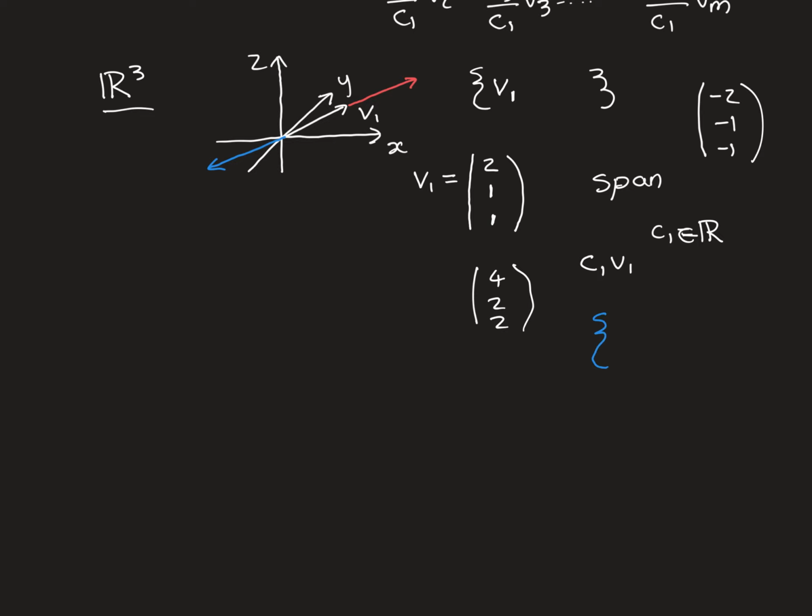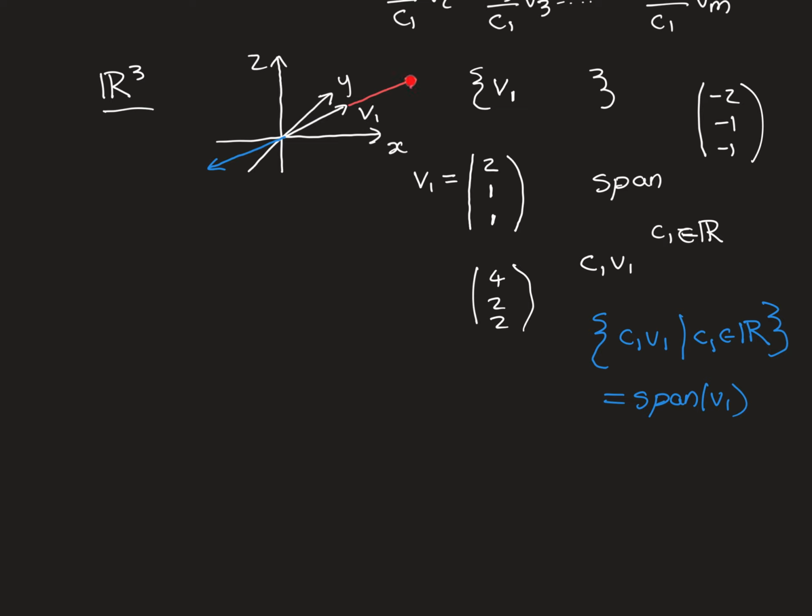So if we considered the set of all things of this form, C1 V1, where C1 is allowed to be any real number, that would be the set of the span of V1. So this is the span of the vector V1 as a set, all the vectors that you can reach from taking linear combinations of V1. And geometrically, what does that look like? Well, it's going to be the straight line in the three-dimensional space that's in line with this vector, because everything on that straight line you can get to by taking a multiple of this vector.